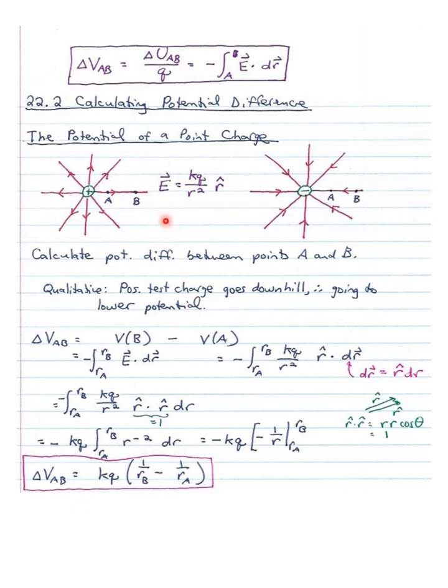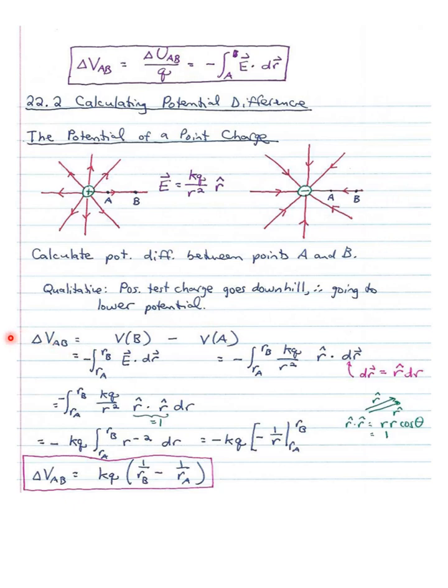It'll be pushed by the electric field from A to B. And on the right diagram with the negative charge, where my pointer's at, you can think of going from A to B as being uphill for a positive charge. It wants to go towards the negative, and so if it goes from A to B, it's going against the way it's being forced.